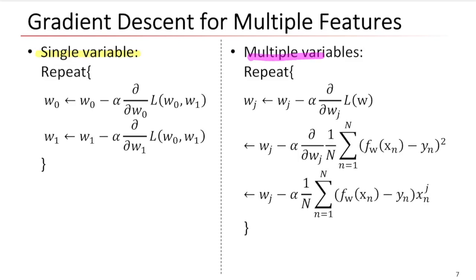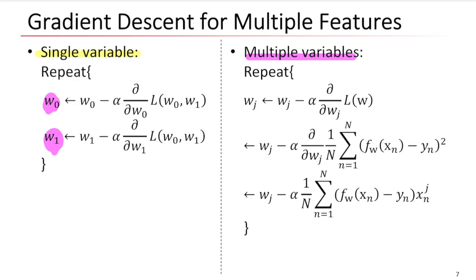So this is the gradient descent procedure, comparing the single variable case and the multivariable case. In the single variable case, we need to find only two variables, w0 and w1, right? So how can I estimate this?